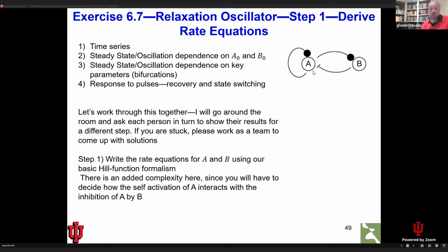And then the last thing that you're left with is how do I combine the activation and inhibition of A together in the rate equation for A. So why don't you just give it a minute or two to think about that, see if you can come up with equations that make sense. And I should say that I have ones that I used, but there are multiple equations that you could write for this that would be reasonable.